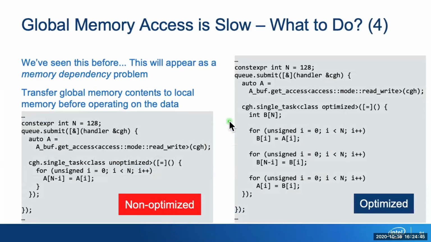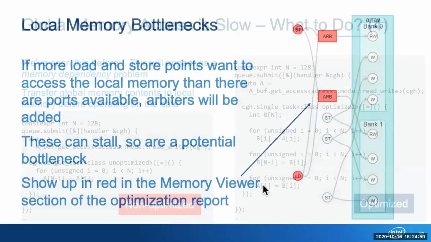So what to do? We can declare local memories, transfer data to local memories, process locally, and then write it back to global memory. It's an option to do that.